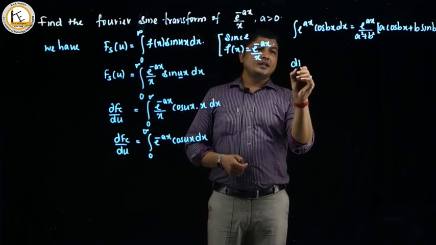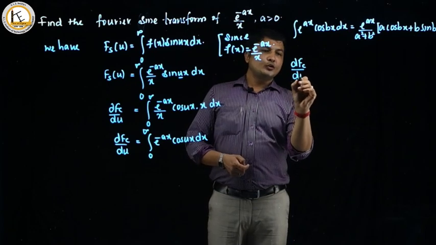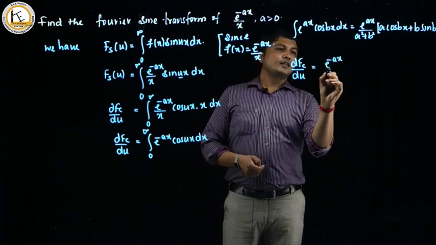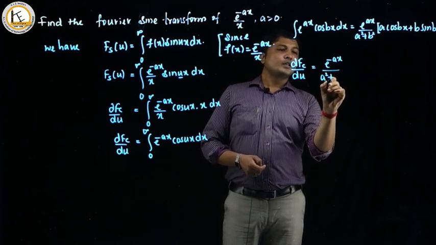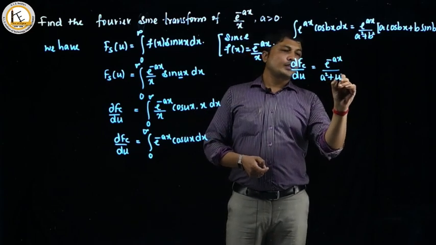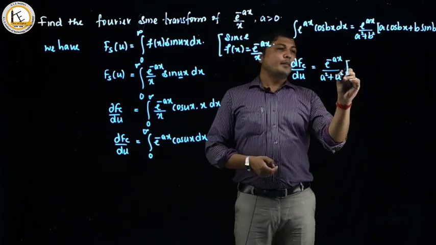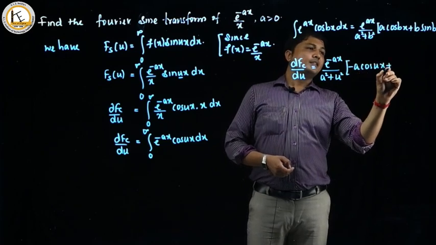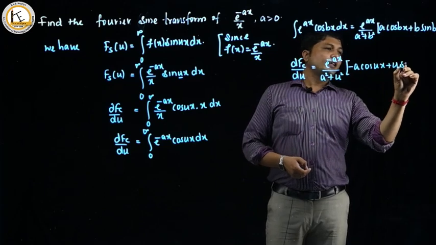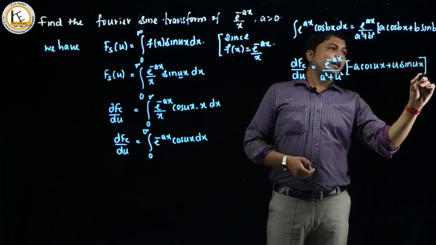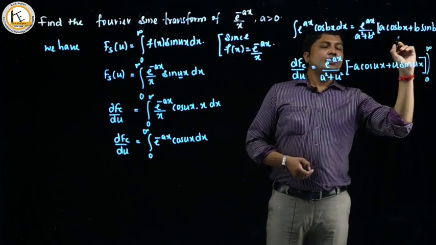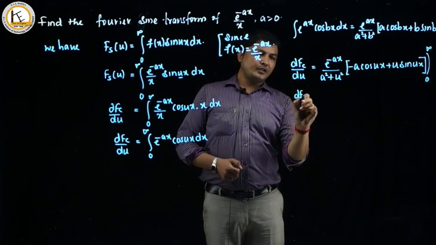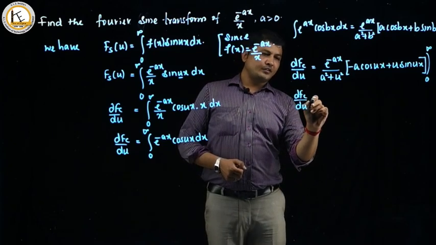Therefore dFs by du is equal to e raised to minus ax divided by a square plus u square into the bracket minus a cos ux plus u sin ux, and applying the limits 0 to infinity. Once again we apply the upper limit as well as the lower limit after the integration.